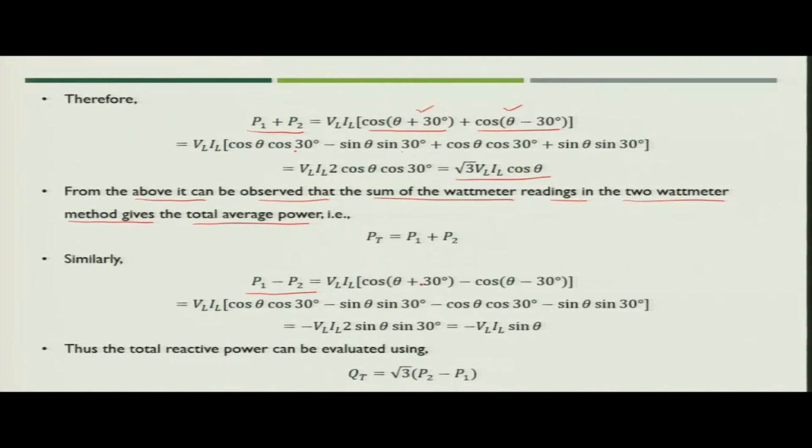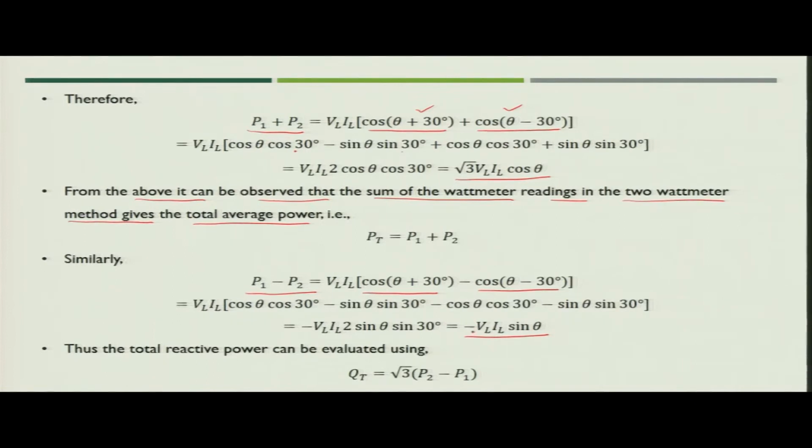Now, let us go further and find the value of P1 minus P2. We will again use the trigonometric identities, expand, and simplify, and you get the value of P1 minus P2 as minus VL IL sin theta. So, P2 minus P1 will be VL IL sin theta.